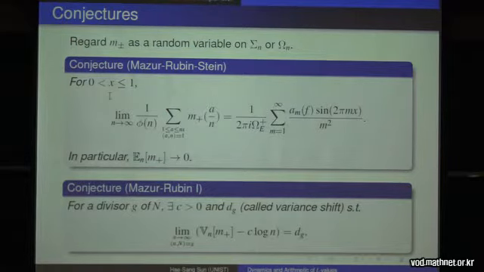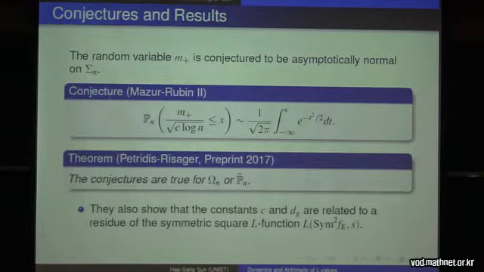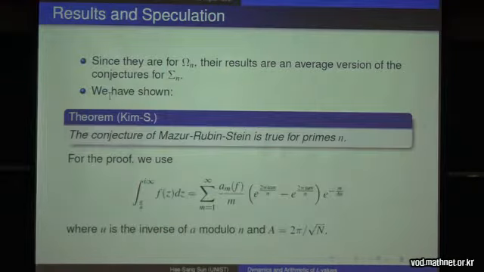So their results are basically an average version. And they also show that the constant C and the d_g are related to the residue of some symmetric square L-function out of this cusp form. I'm not going to talk about this here. Again, because they are for omega n, all the results are somehow average versions of the sigma n.